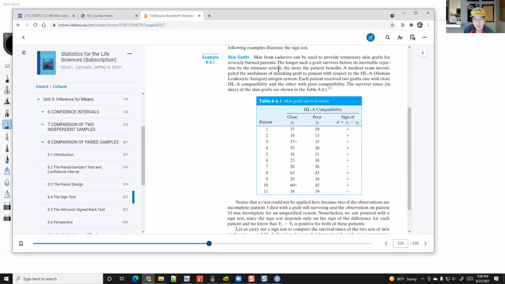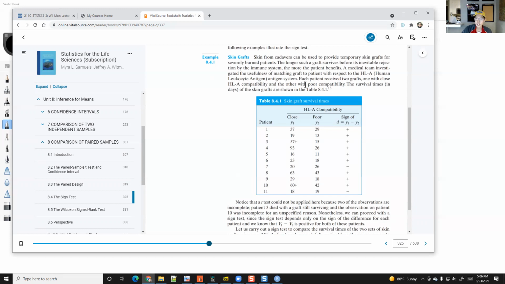It's a bit of a morbid example, but sometimes burn victims need skin grafts, and skin from cadavers can be used to provide temporary skin grafts for severely burned patients. The longer such a graft survives before its inevitable rejection by the immune system, the more the patient benefits, right? So we want the skin graft to survive as long as possible before it gets rejected.